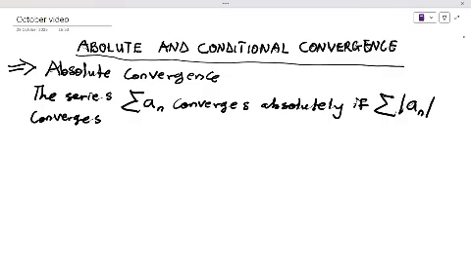All right, and recall that a series is said to converge if the sequence of its partial sums approaches a finite limit. When we say finite, that is, you will get a particular value as the number of terms increases without bound.